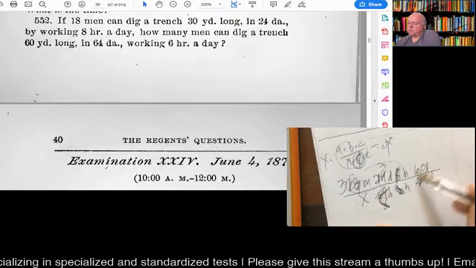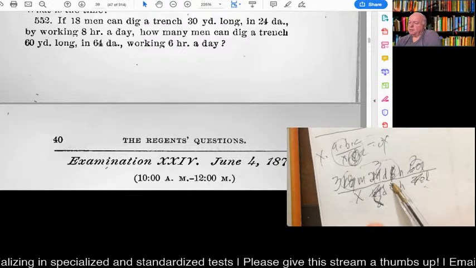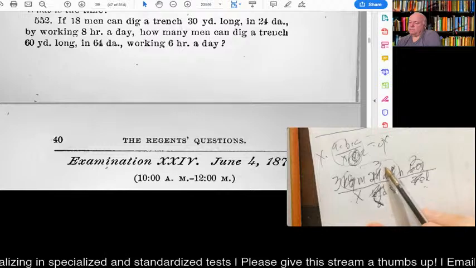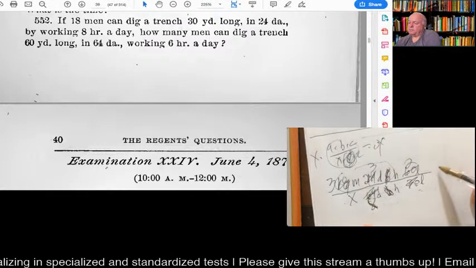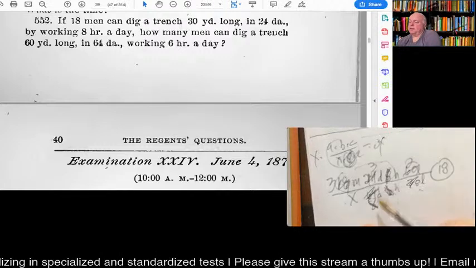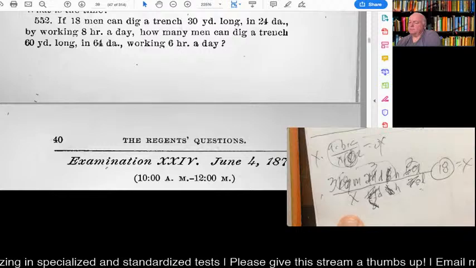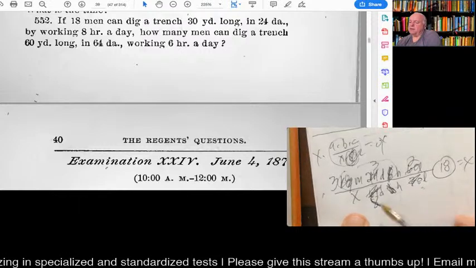And this becomes 2. So we canceled everything, so we get 18. That would be the answer. Because basically we're solving for x. If we multiply both sides by x, that would equal x then. And you can go plug it back in too and follow it.